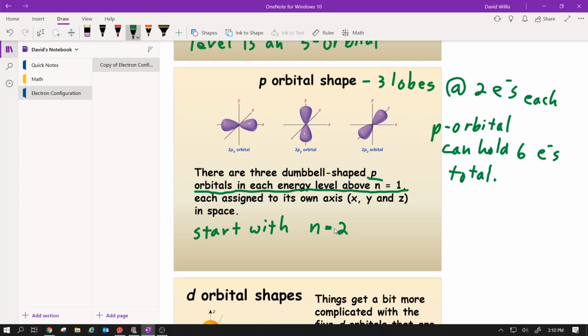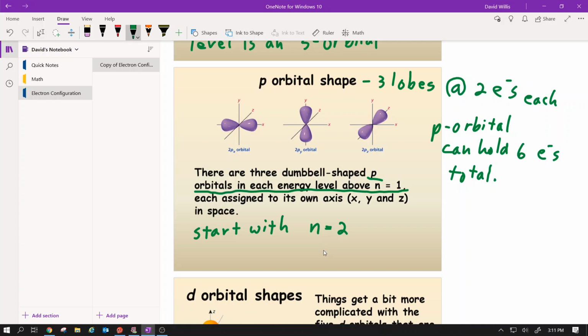So, first energy level, no p orbital, s only. Second energy level, s orbital, p orbital. So Andrew, how many electrons can I get into my s orbital?